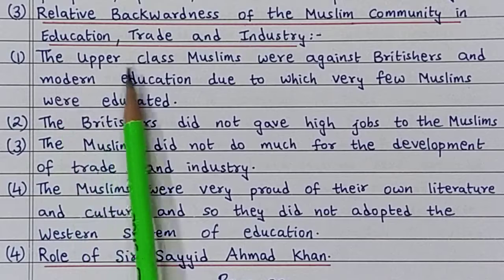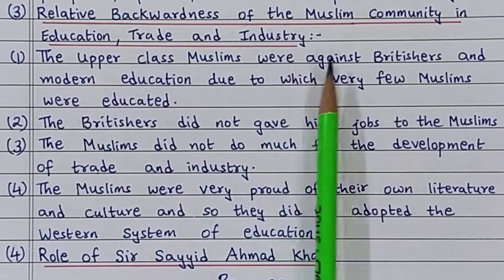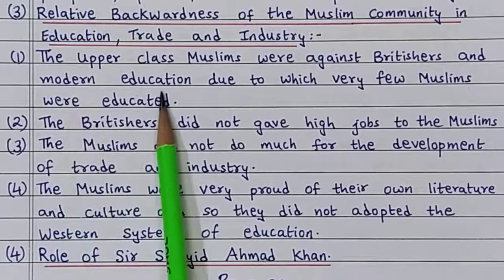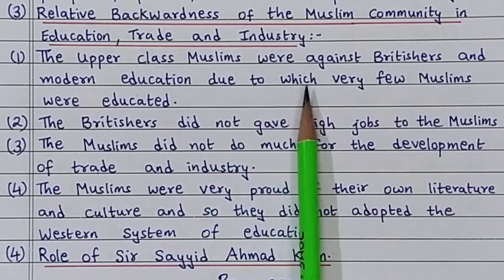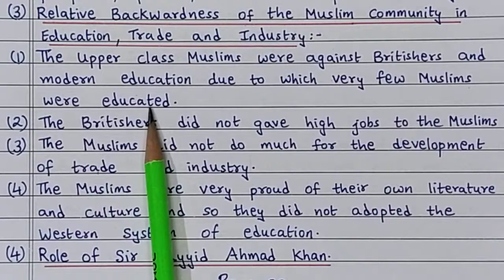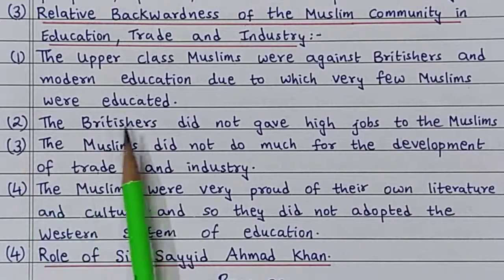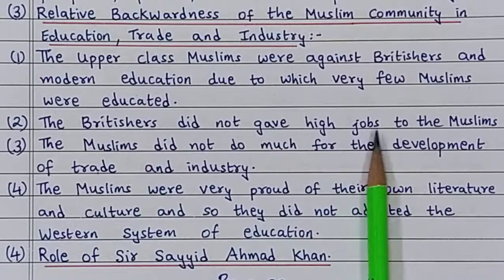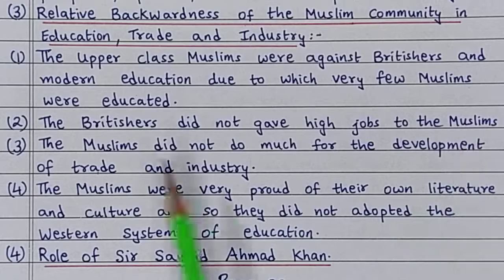First, the upper class Muslims were against Britishers and modern education, due to which very few Muslims were educated. Second, the Britishers did not give high jobs to the Muslims.